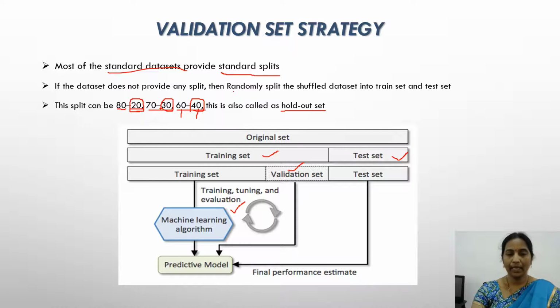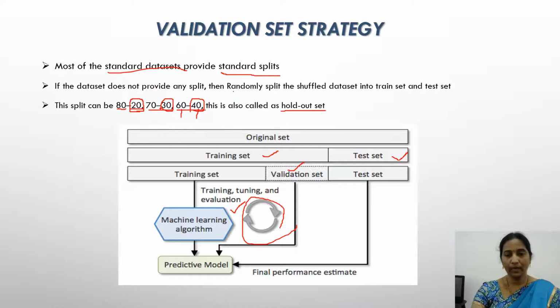Then we again implement the model, that is train the model on the training set. Again we apply the model on the validation set to check the performance of the model. So like this in a cyclic fashion, this will be repeated till we get a model with which our performance is acceptable on the validation set.